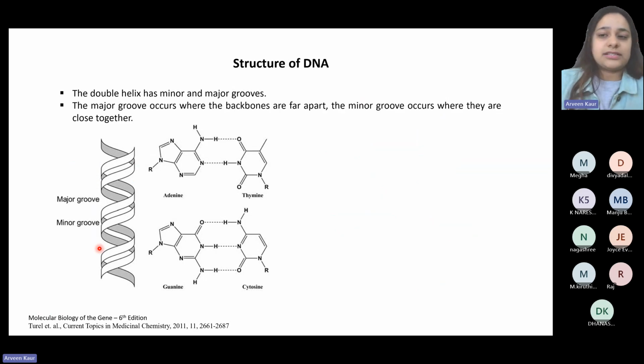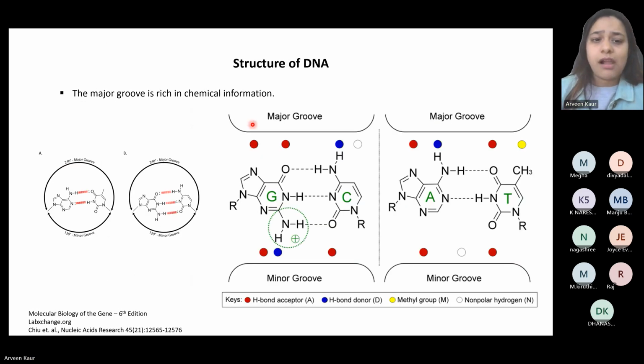Now, why does that happen? Before that, let us just read the statement. The major groove occurs where the backbones are far apart, as we can see over here, right? So this backbone is farther from this backbone as compared to this and this backbone, right? And the minor groove occurs where they are close together, right? As we have already seen over here. Now, the major groove is rich in chemical information.